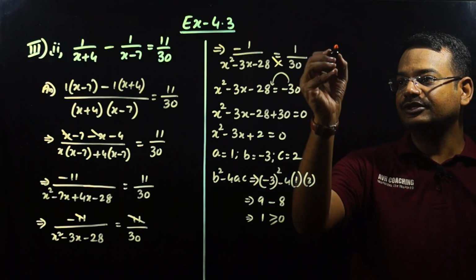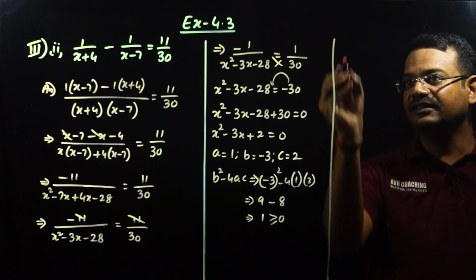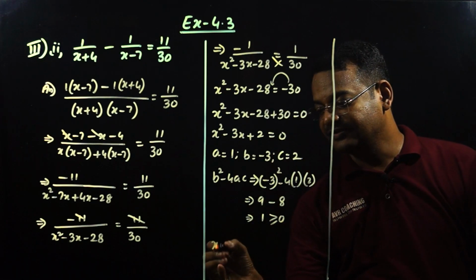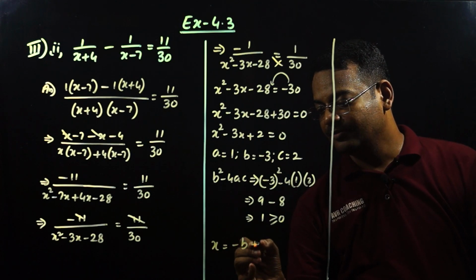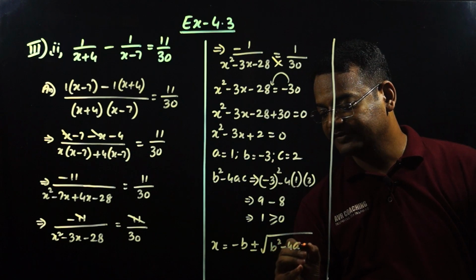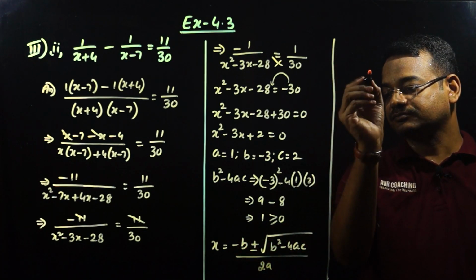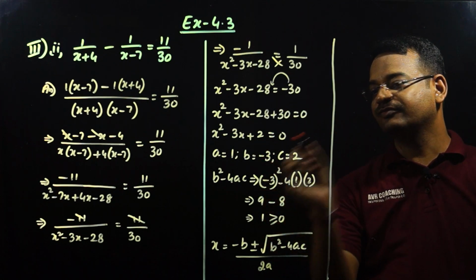Now we will substitute the values of a, b, c in the equation x equal to minus b plus or minus root of b square minus 4ac by 2a. So minus b, b value is minus 3.